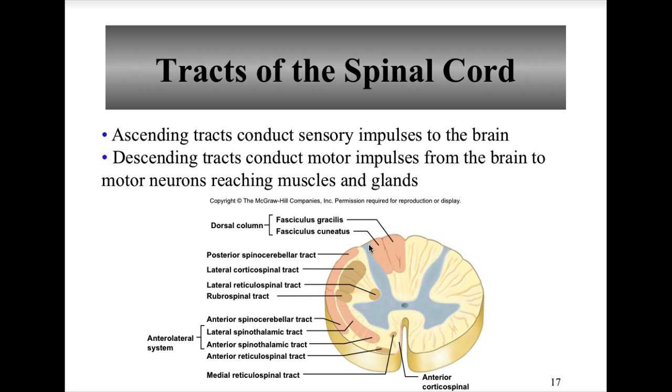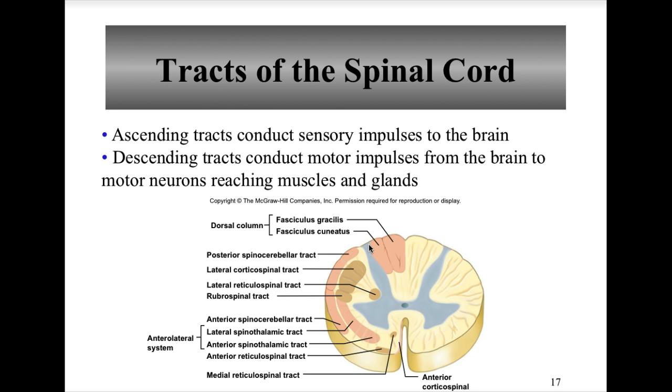Then it will be processed there, and the information in general will be carried by descending tracts, which are located in the anterior or ventral columns, and they conduct the motor impulses, which are the efferent impulses. To get a grasp of efferent and afferent, think of efferent as exiting, so you have EE, efferent exiting impulses. They exit the central nervous system and go out to the peripheral nervous system. So the efferent impulses come from the brain down to effectors.